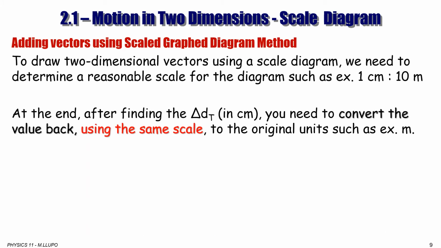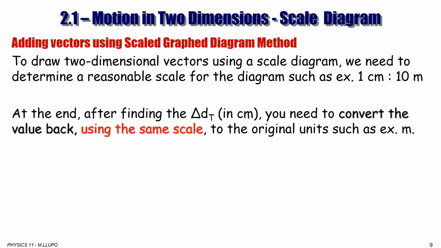To summarize, to draw two-dimensional vectors using a scale diagram, you need to determine a reasonable scale for the diagram to accommodate all those vectors, taking into consideration the magnitude of all vectors. So those vectors, when you draw them, have to fit the space that you have on the paper. For example, if you have a scale of 1 centimeter to 10 meters, that scale has to apply to all of them, including the total displacement, or resultant vector.